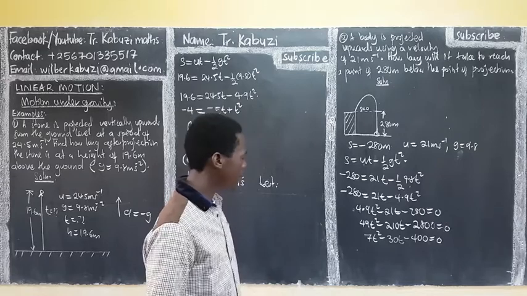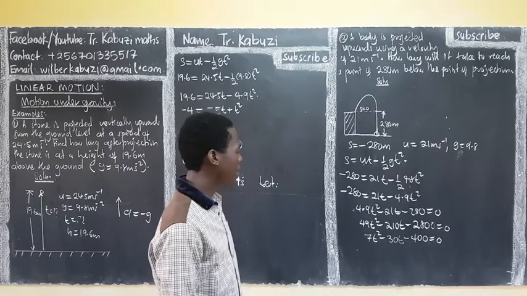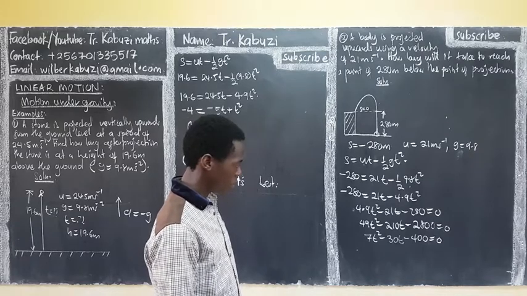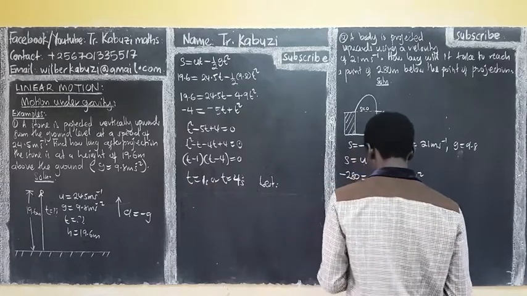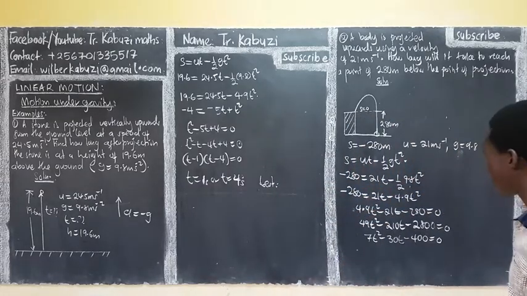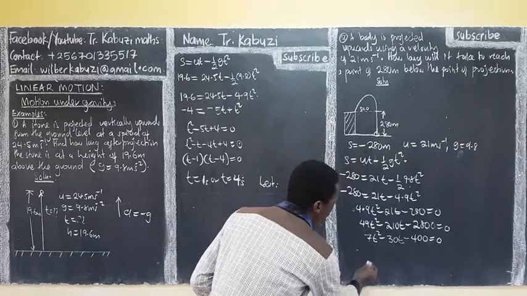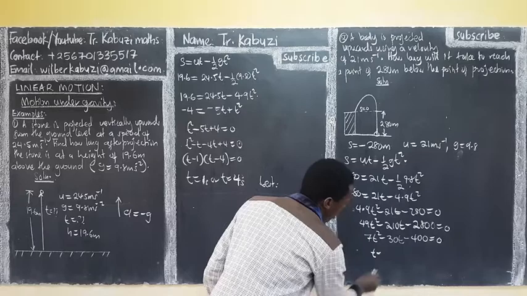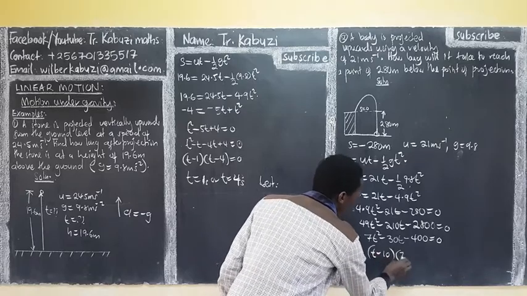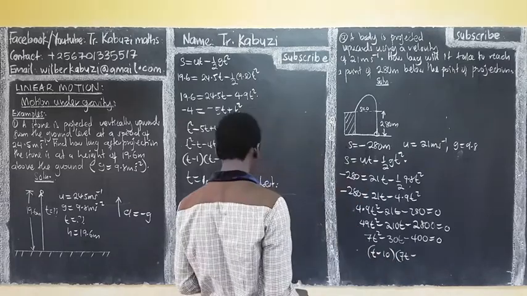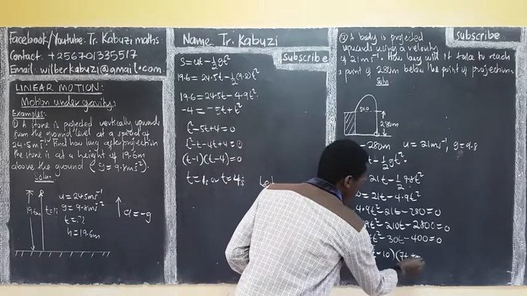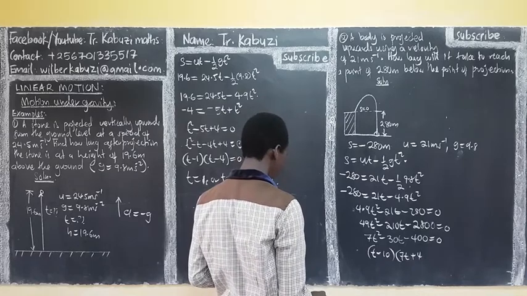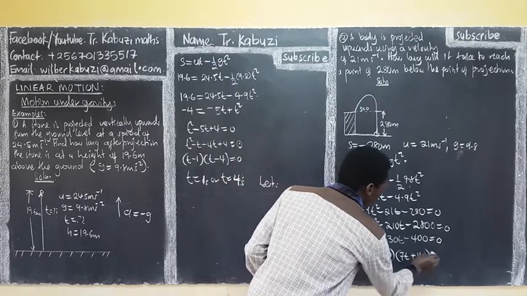Okay, so here I think we can get negative 7. Is it? Okay, so here when you solve this, you can get your t as t minus 10 into 7t plus 40 equal to 0.